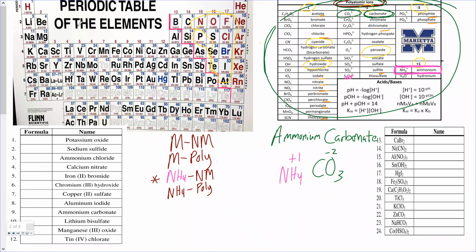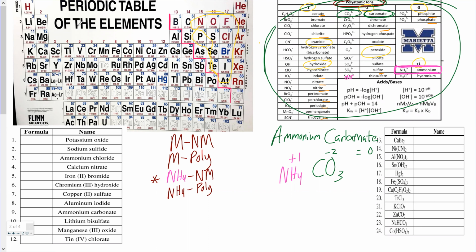So now, same thing. We need to get these charges equal to 0. Do they equal 0 right now? No, Miss Payton, they don't. What do we need? Somebody tell me what we need. You got to find the LCM, right? Yeah, you can. Yep. So this one has a +1 charge, and this one has a -2 charge. So what do you need?